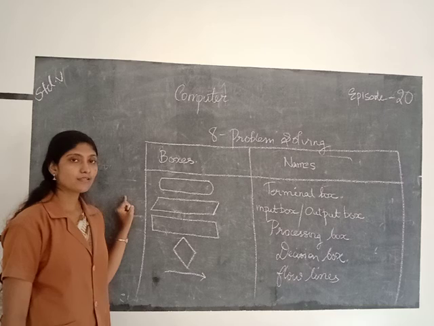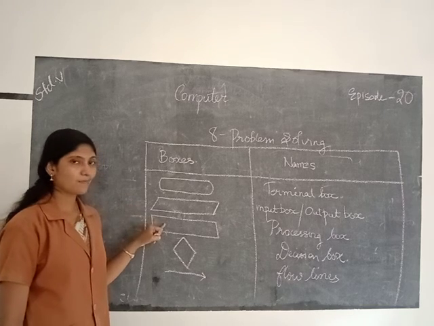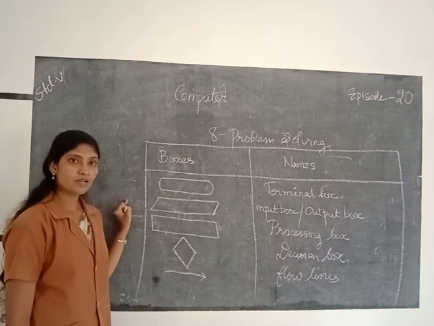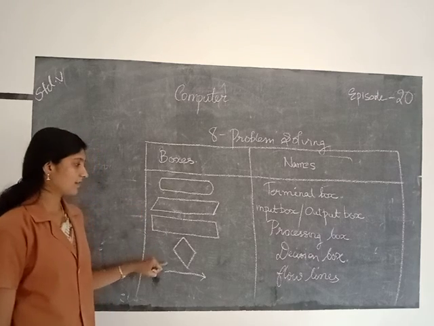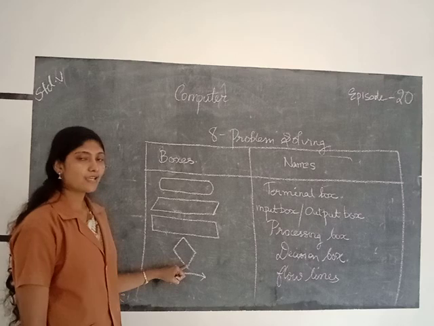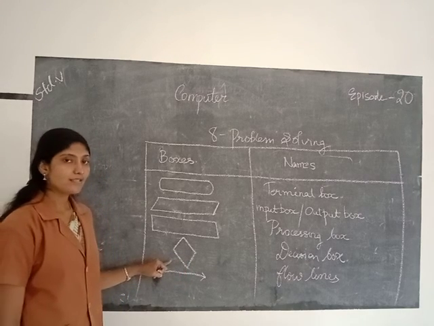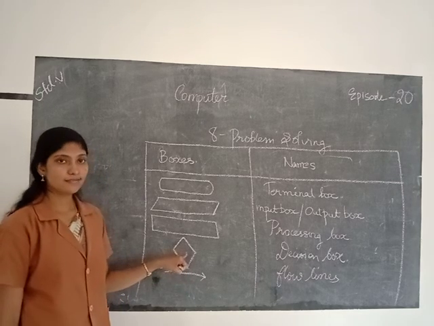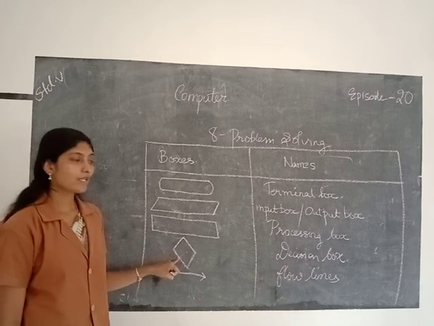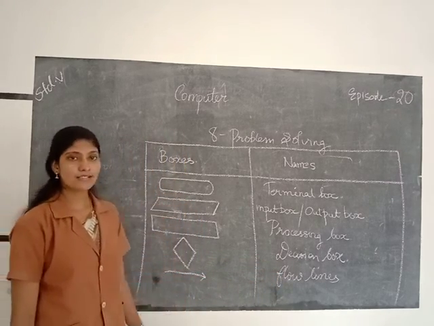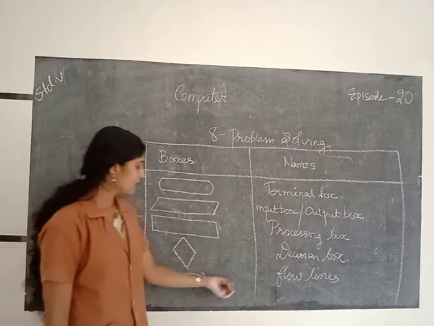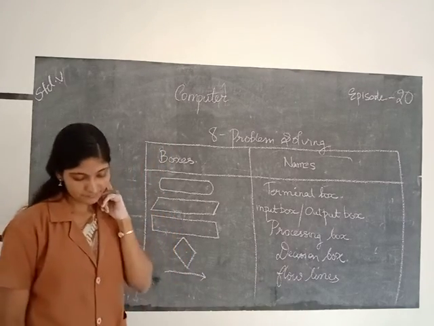You can process the operations in this box, that means arithmetic operations like addition, subtraction, multiplication, etc. The next is conditional statements or comparisons, which we write in the diamond shaped box, which we call the decision box. And finally, each box is connected through a line known as flow lines.